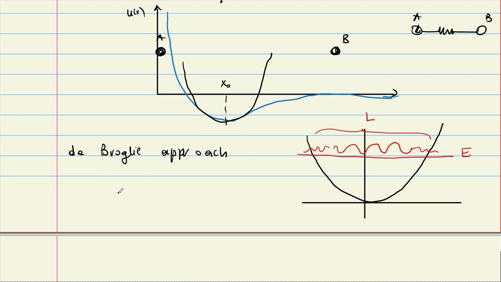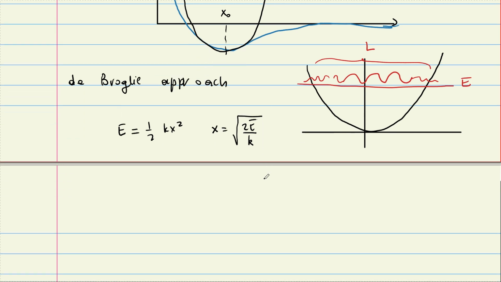So let's consider the potential energy, 1/2 kx squared, equal to E. Then the classical turning points are x equal to the root of 2E divided by k.